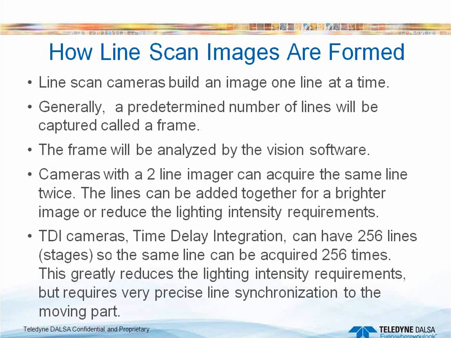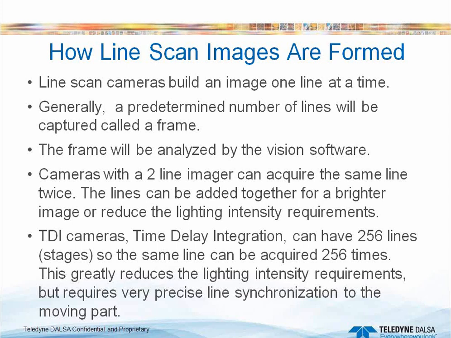How do we scan with line scans? Well, the line scan builds a 2D image. It continues to acquire one line at a time, and generally there's a set number of lines that are set in the frame buffer or in the vision computer that would allow it to say, okay, here's my 2D frame, so the software can analyze that amount of data before the next section.